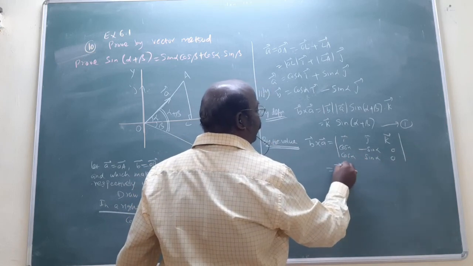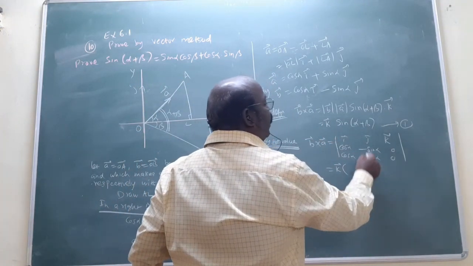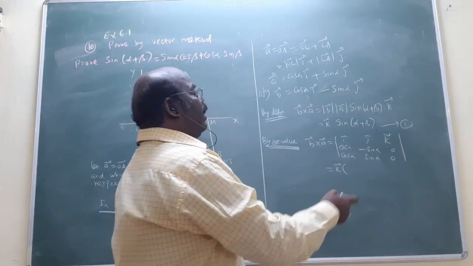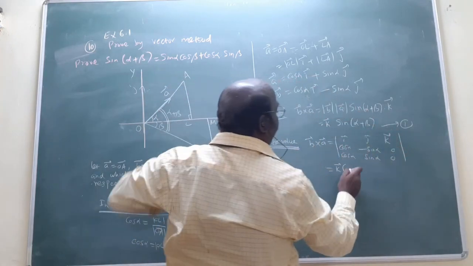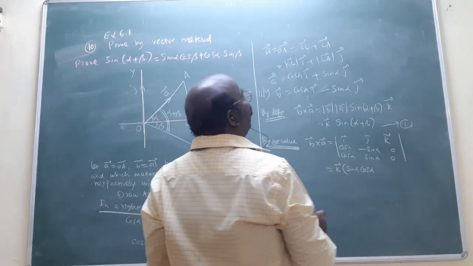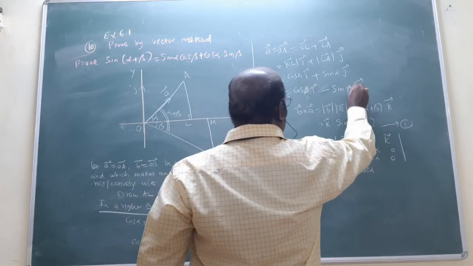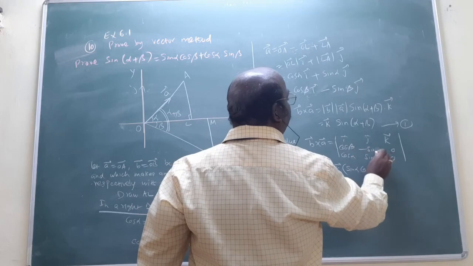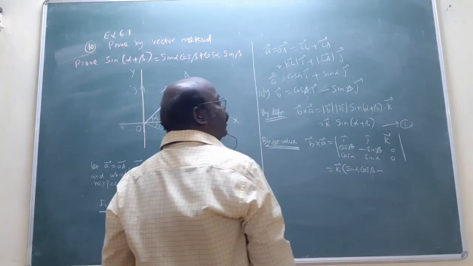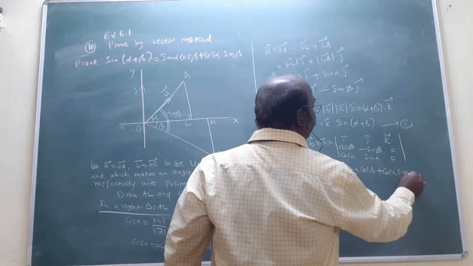Next, K vector into, cancelling row and column, sin alpha cos beta, and then the formula has a minus, multiplied with the minus gives plus, so cos alpha into sin beta. Second answer.